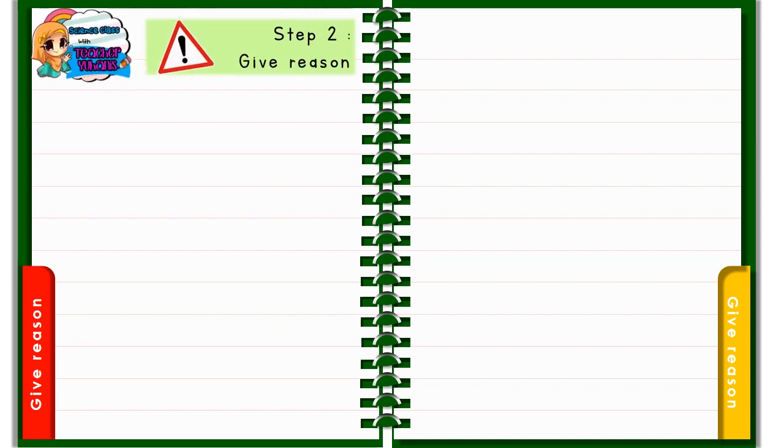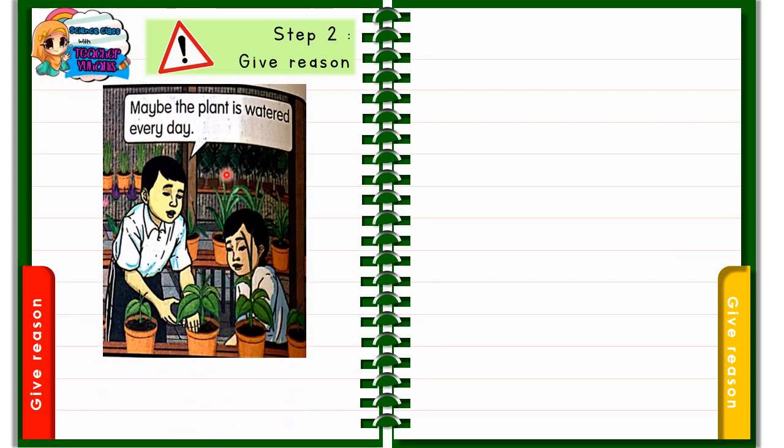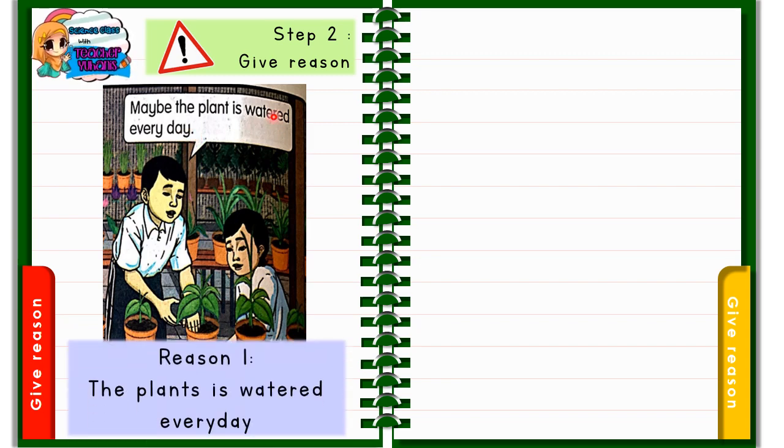Now let's move on to step number 2. Give reason. Maybe the plant is watered every day. So the reason we get here is the plant is watered every day.